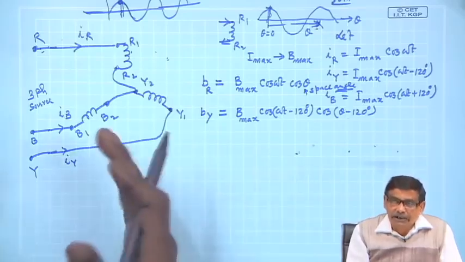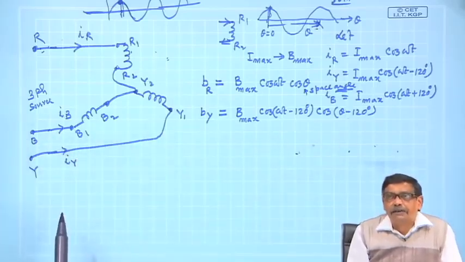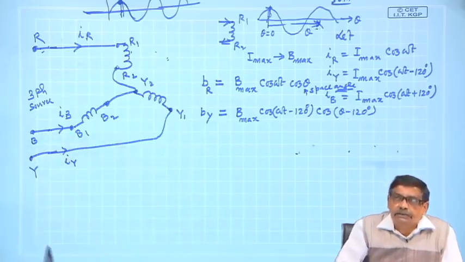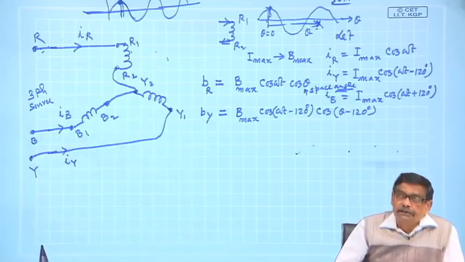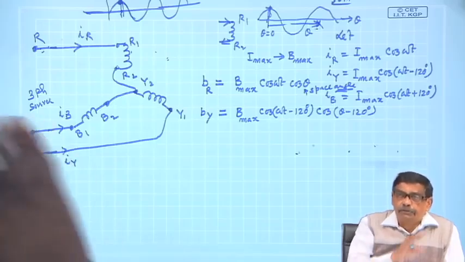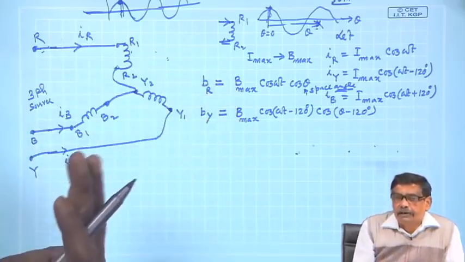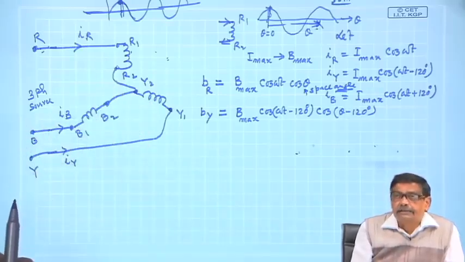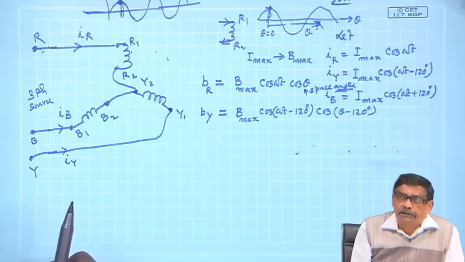Y is already displaced from the R phase axis by 120 degree, as we have seen while doing the windings of the machine. In fact, this is what we achieved by having a balanced 3 phase winding. R phase MMF and Y phase axis are 120 degree apart.